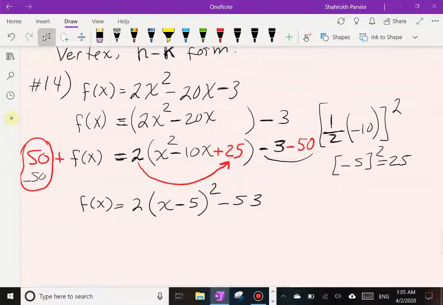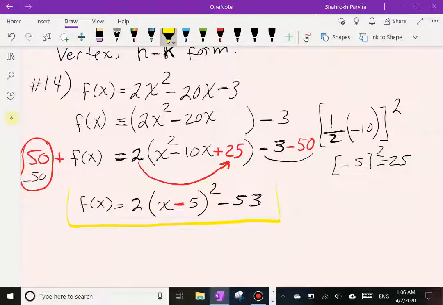And there you go. We have the hk form of this one, ladies and gentlemen. Here's a times x minus h squared plus k, and of course k here is negative 53, and a would be 2. That's precisely what the question asks for.